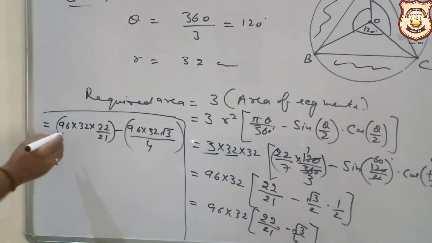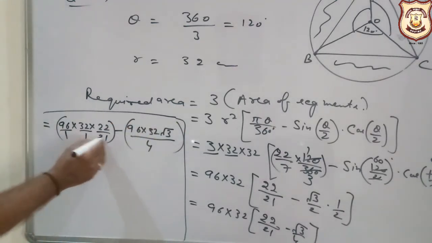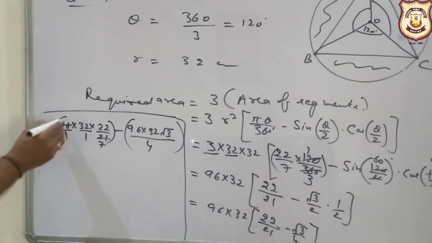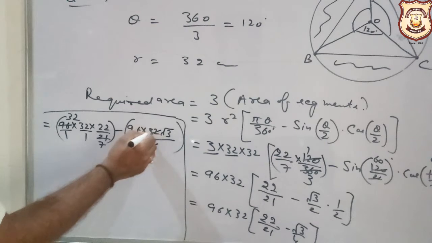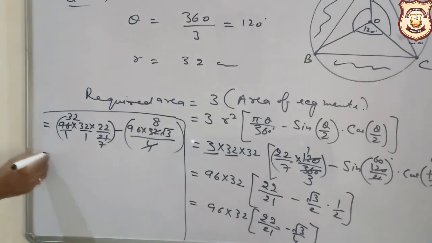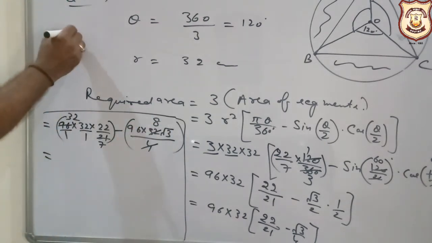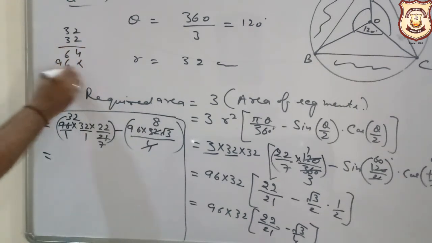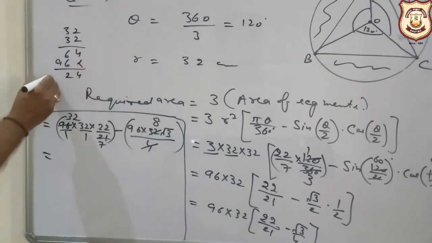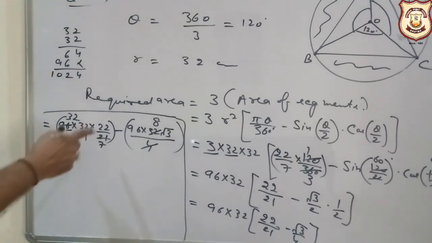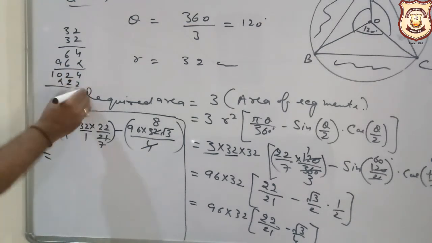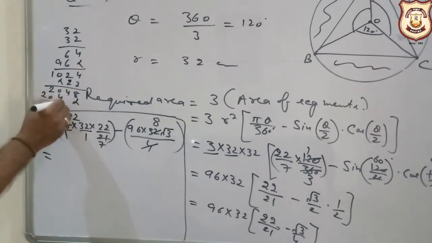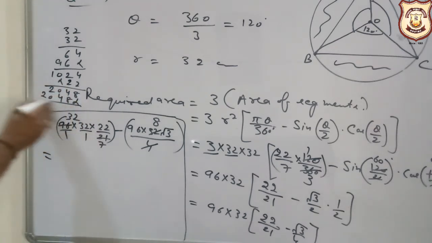Do like this. 3 sevens are 21, 3 threes are 9, 3 twos are 6, and students, 4 eights are 32. 32 into 32, do the multiplication: 4 64, 96, 4 2, 1024. 1024 with 22, 8 4 2048, 2048.